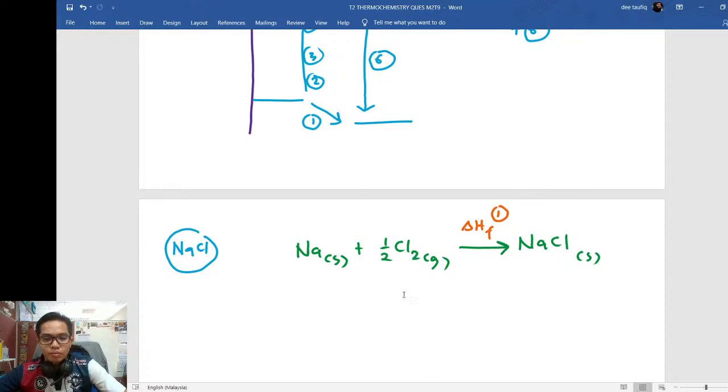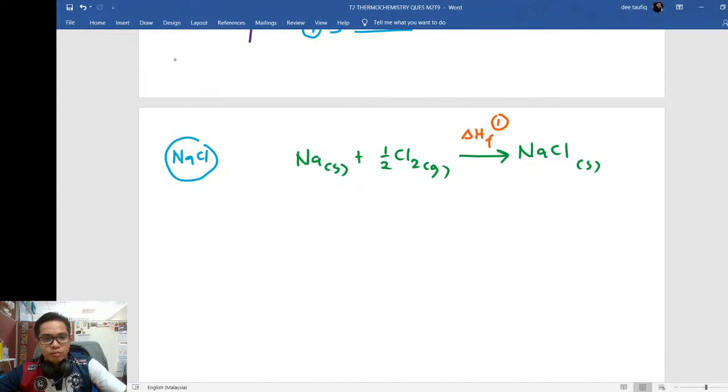Right. And then Na solid change into Na gas atomization. Half of Cl2 gas molecule become chlorine gas atom, Cl atom.